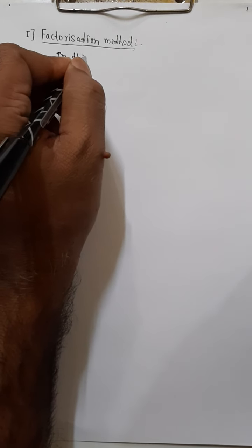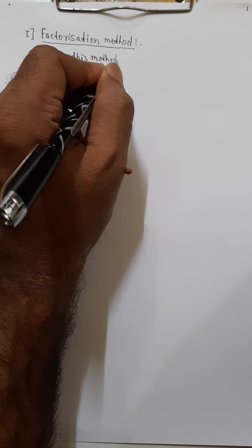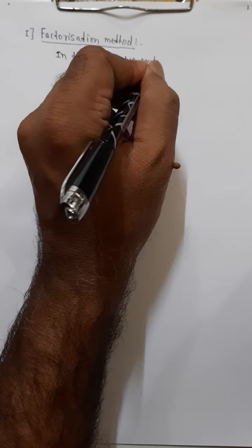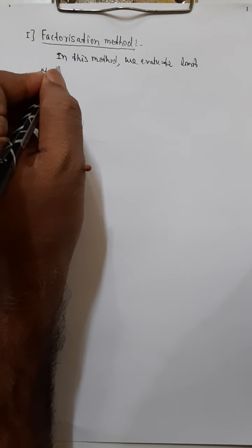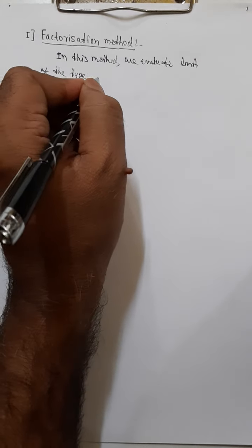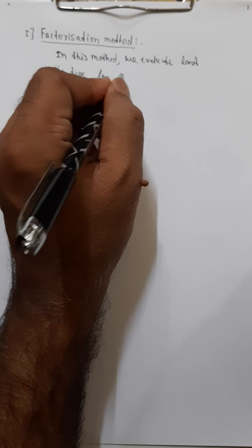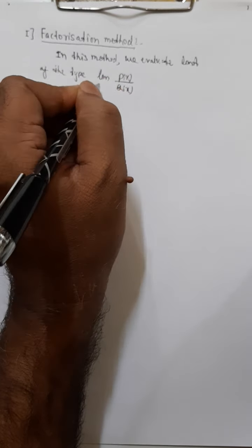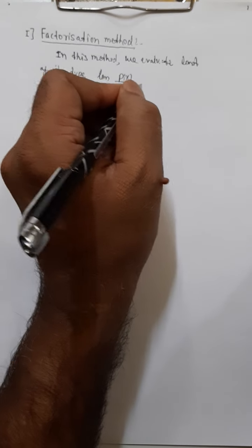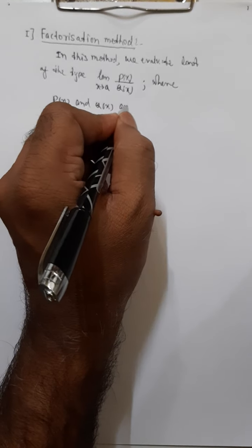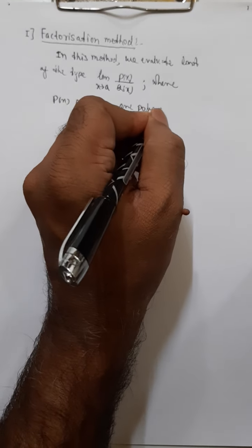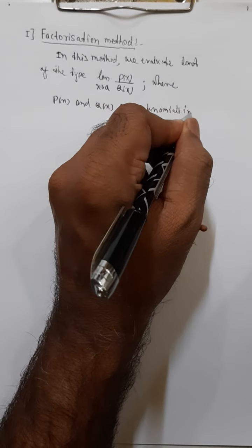In this method we evaluate limits of the type limit of p of x divided by q of x as x tends to a, where p of x and q of x are polynomials in x.